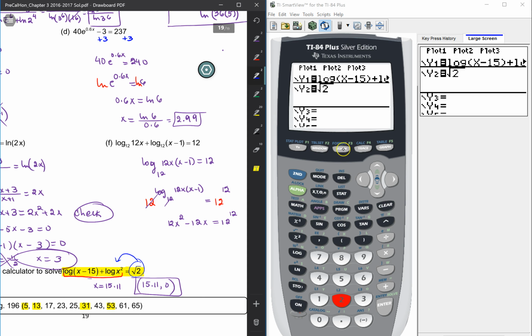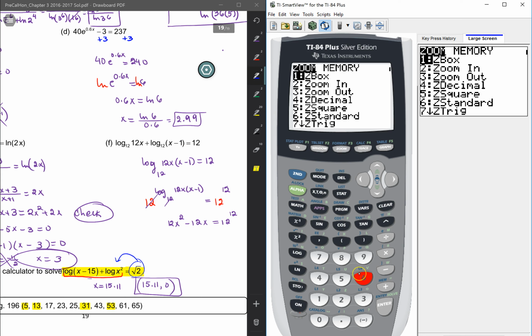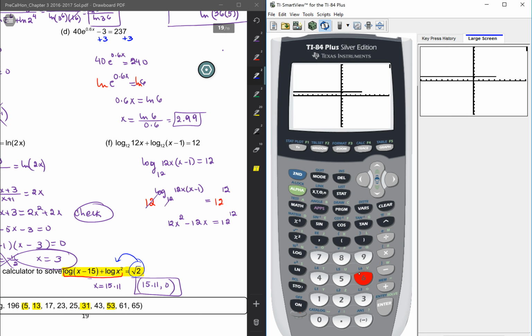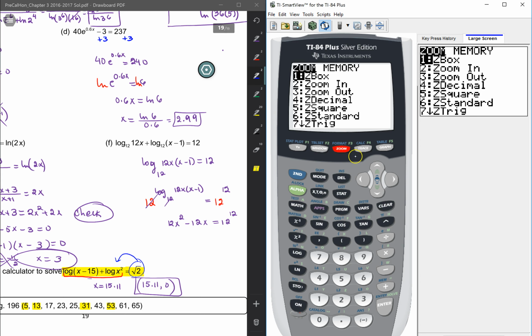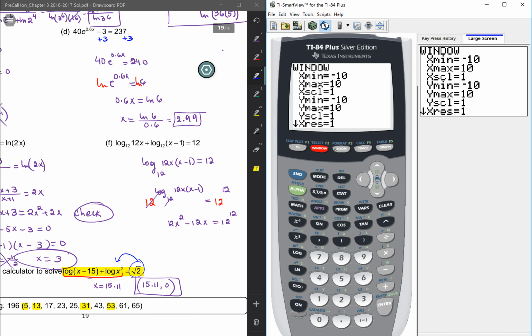So let's see. If I do zoom 6, that's not going to give me anything because I already know that it's at 15. So let's go here, window. And again, why don't we go from 10 to 20 this time.